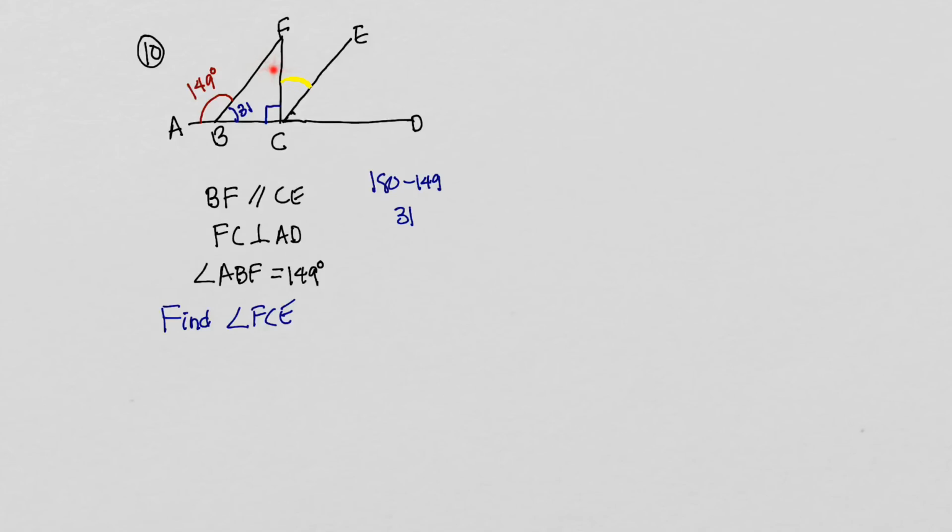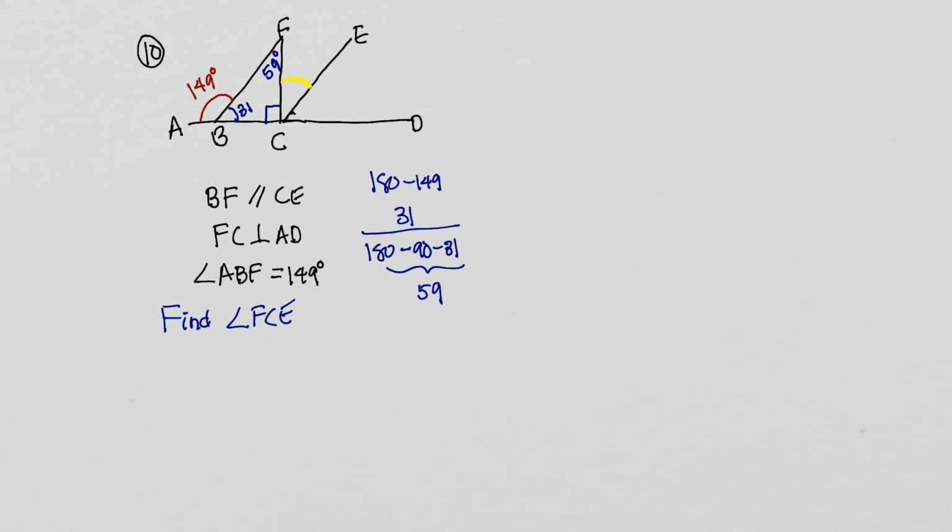So we're going to get 180 minus 90 minus 31, and that gives us 59. So this angle right here, we're now going to claim to be 59 degrees.